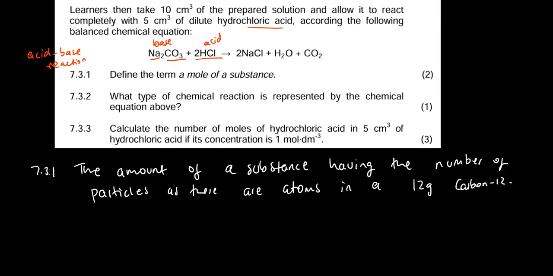So now, 7.3.3 says calculate the number of moles of hydrochloric acid in 5 centimeter cubed of hydrochloric acid if its concentration is 1 mole per decimeter cubed. Very nice question.